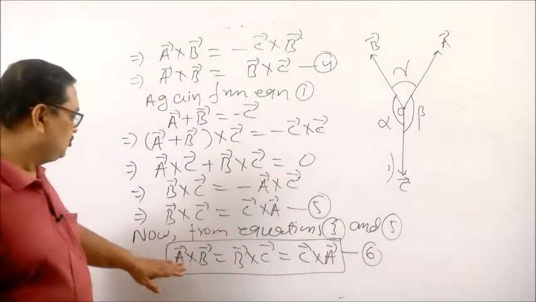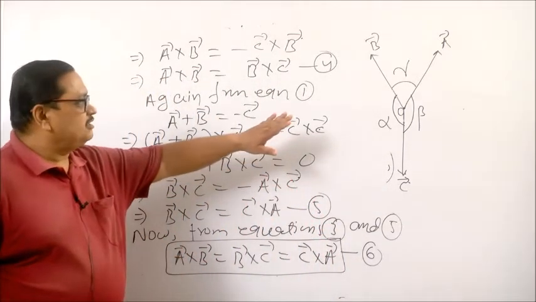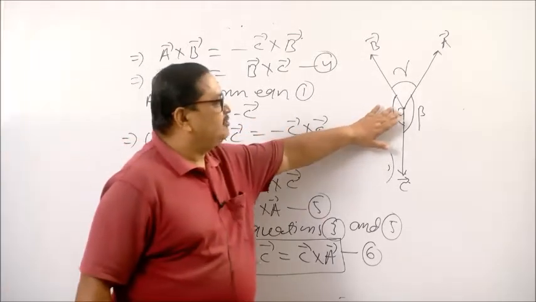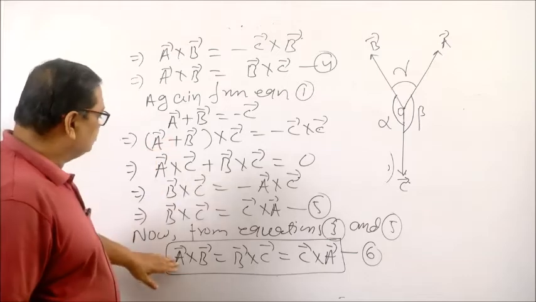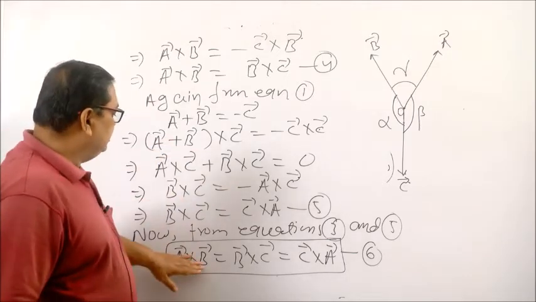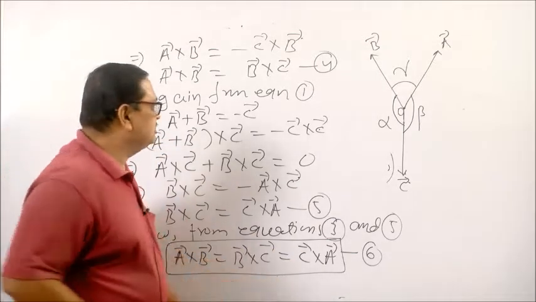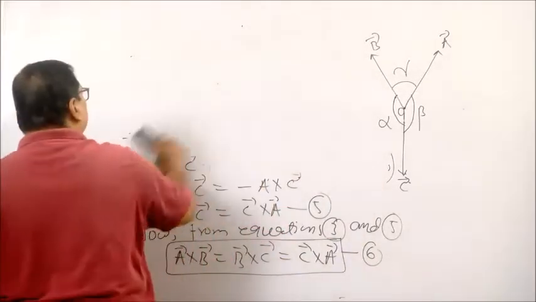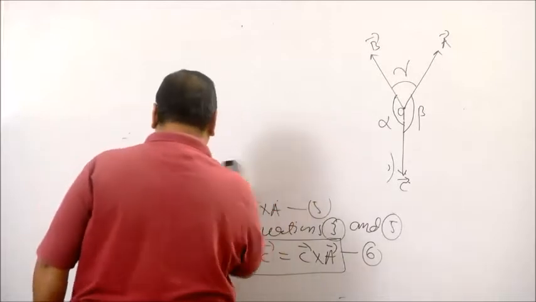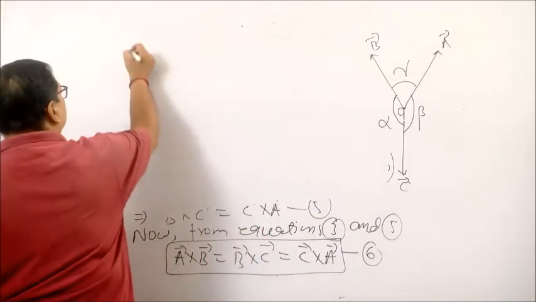So, you can also prove that if a point is in equilibrium under 3 vectors, then the resultant is 0, and from this relation A cross B equals B cross C equals C cross A.